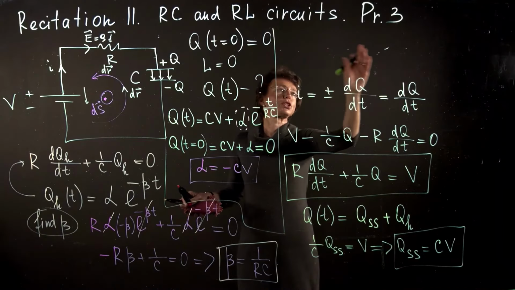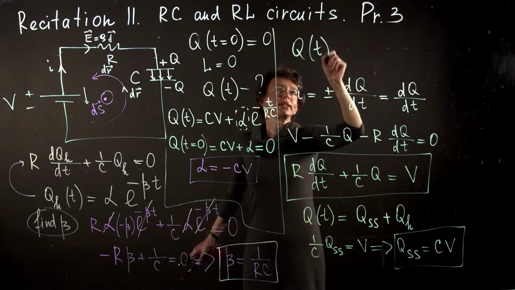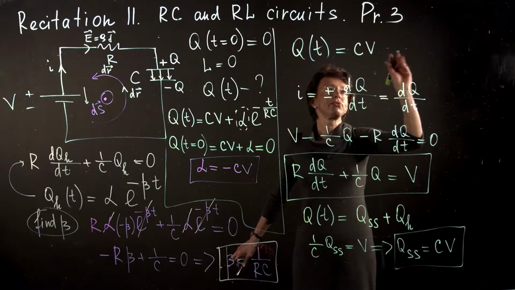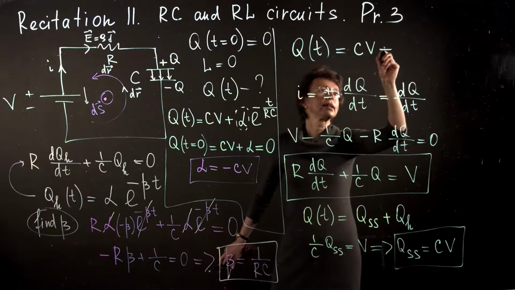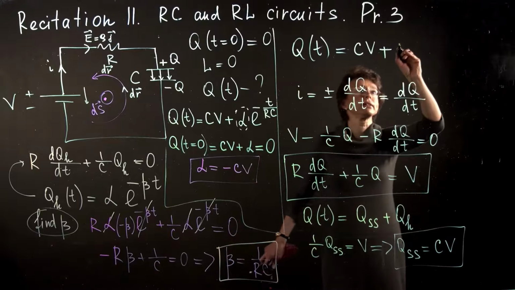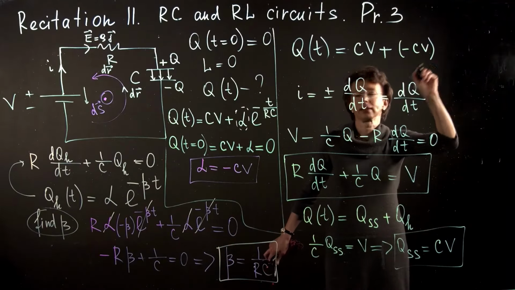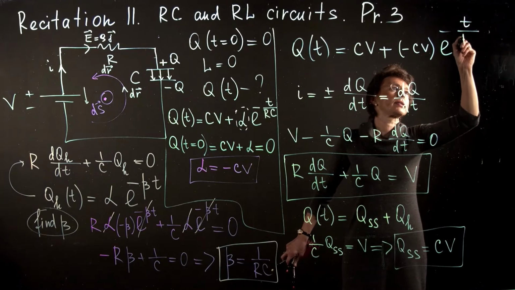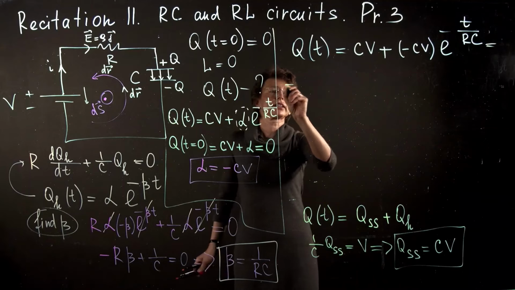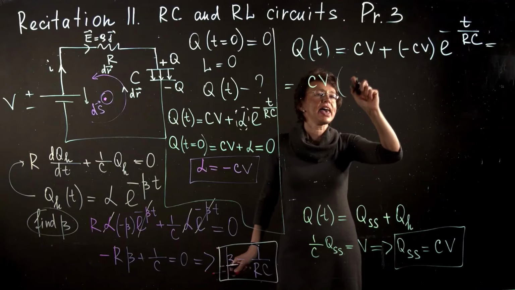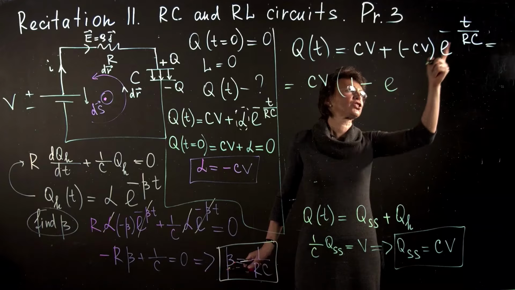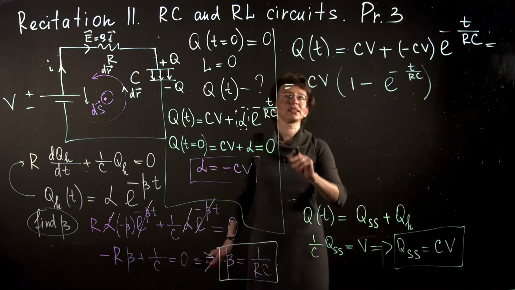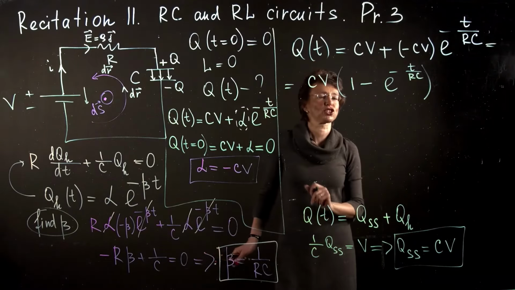Q as a function of time is equal to CV plus alpha, which is minus CV, and then e to minus t over RC. Now I factor out CV. I have 1 minus the exponential function of minus t over RC. And this is our charge as a function of time.